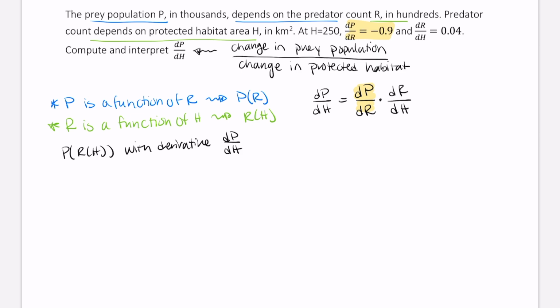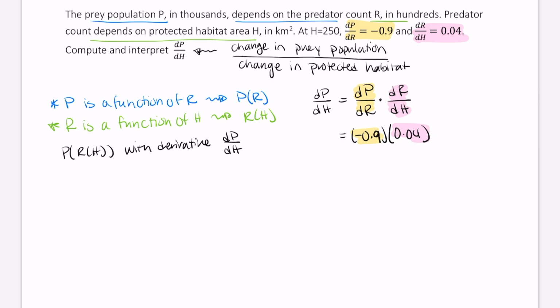Okay, we were told that that's equal to negative 0.9. And that looks like an A, so let me make that look more like a 9. There we go. And then, of course, we were told that dR over dH here is equal to 0.04.